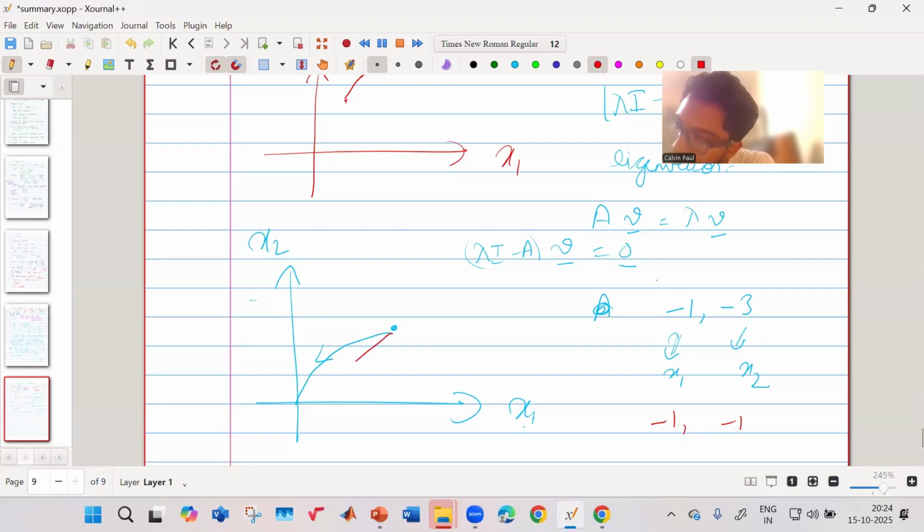Then it would come like a straight line like this. If the case was -3, comma -1, then in x1 it will fall much faster.